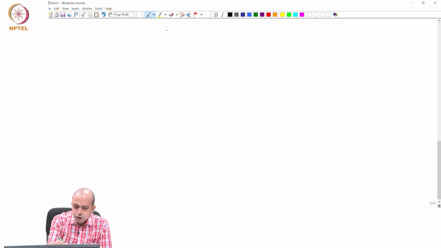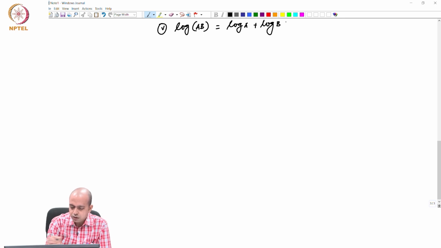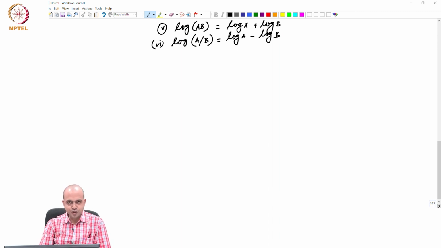Then fifth, log of ab equals log a plus log b, and vice versa. Then log of a by b equals log a minus log b. These are some important properties of logarithm that we are going to use here.